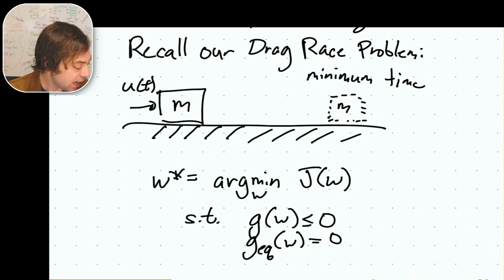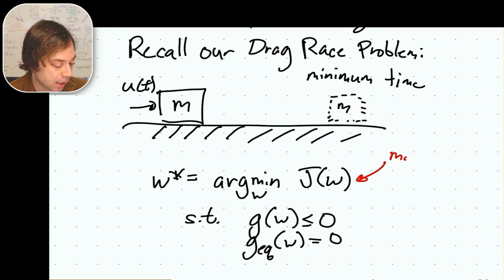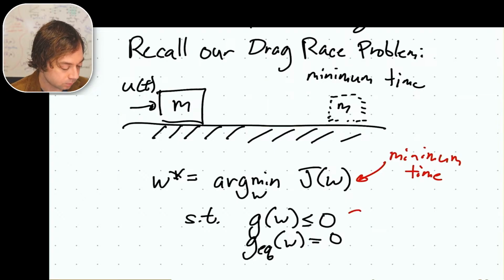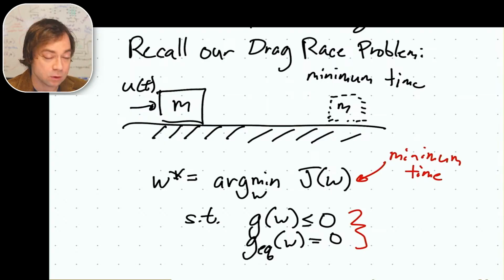And what we said was, hey, friends, this cost was going to be our minimum time. And here, these are our constraints.